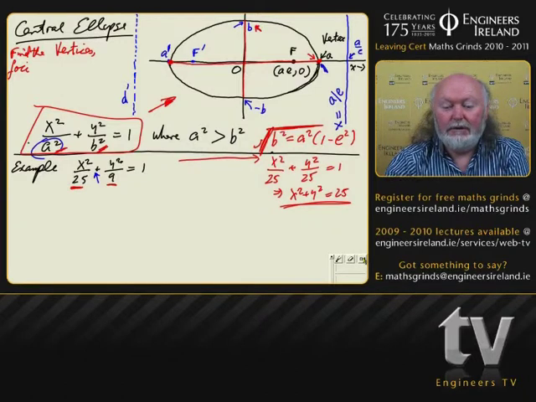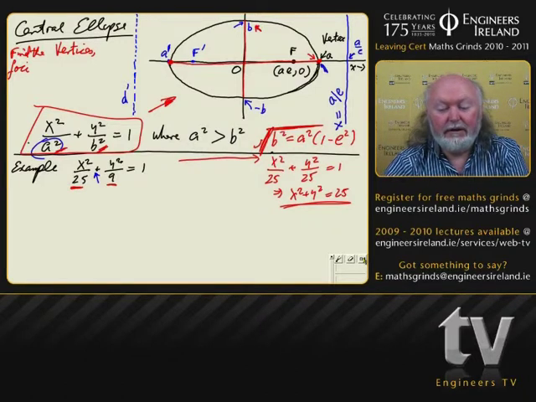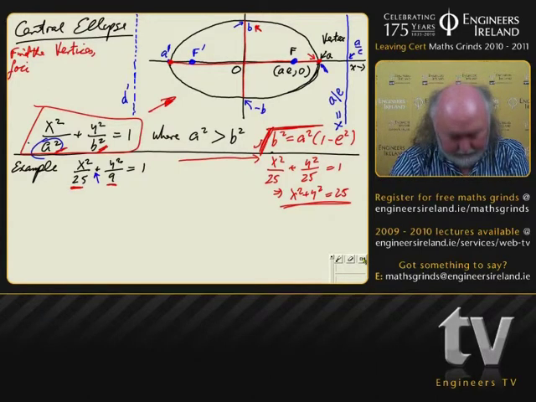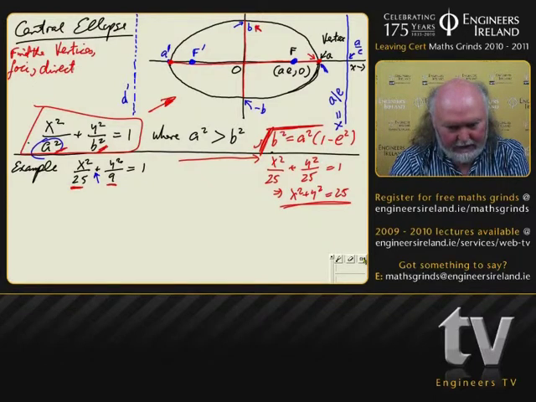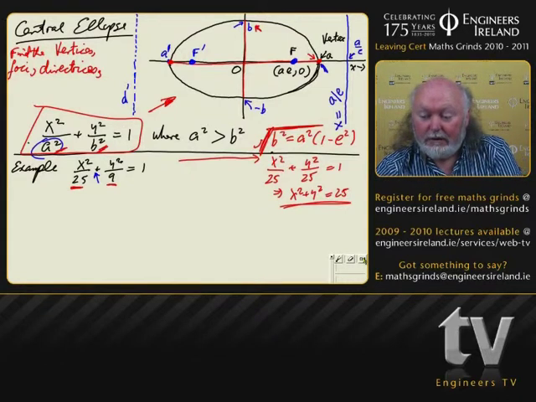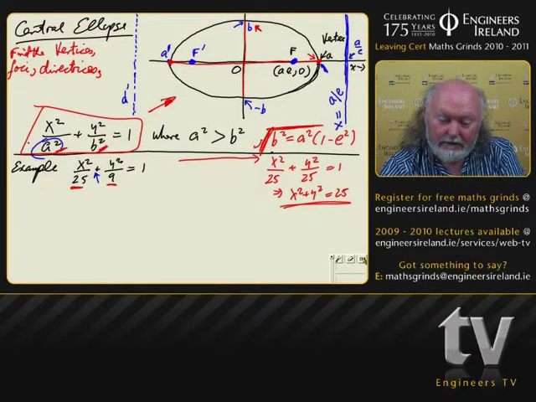In the diagram, you're talking about that and that point. The directrices: in the diagram, we're looking for the equation of that line and the equation of this line.